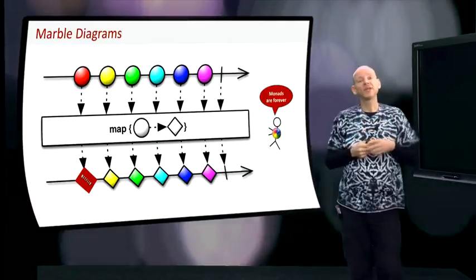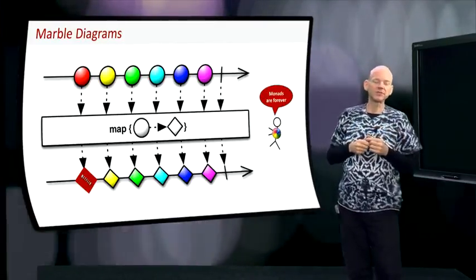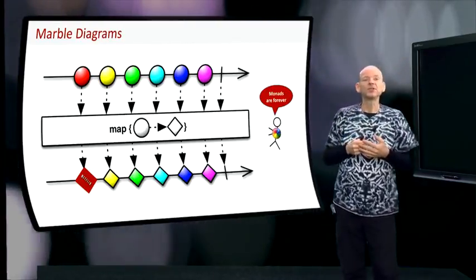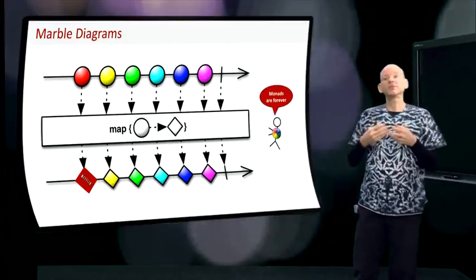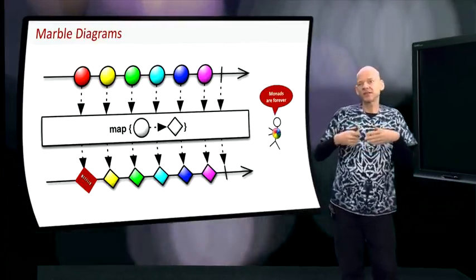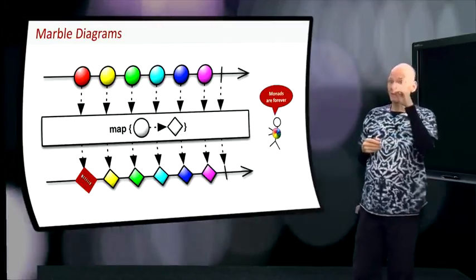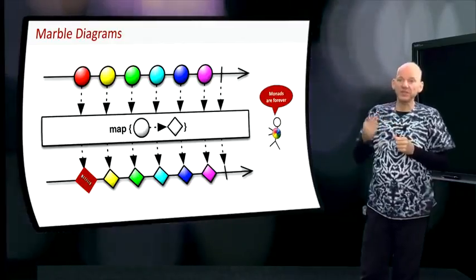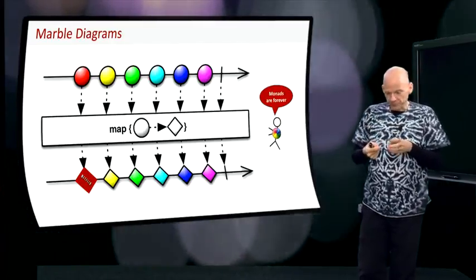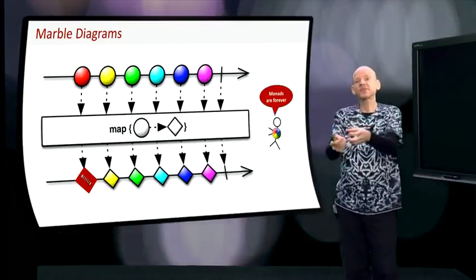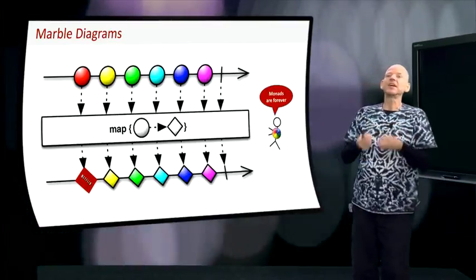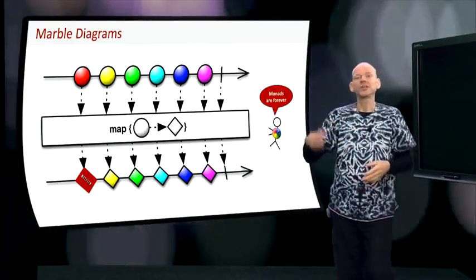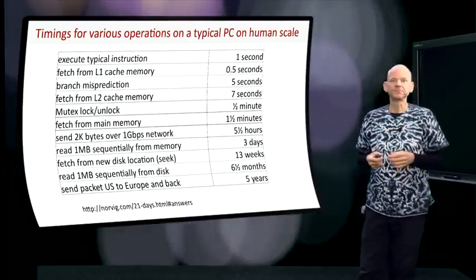And map takes a function, in this case a function that turns marbles into diamonds, and applies that function to every element of the list. And the beauty of interface-based programming is that it doesn't matter what the underlying collection is. And in fact, very important, there might not even be an underlying collection, because this iterator will produce the next value on demand. So this is the beauty. There might never be an underlying collection like a list or an array. You can just create them on the fly.